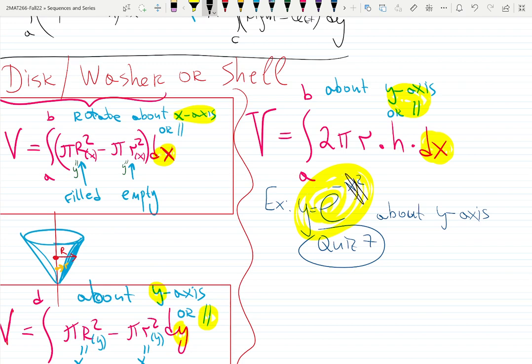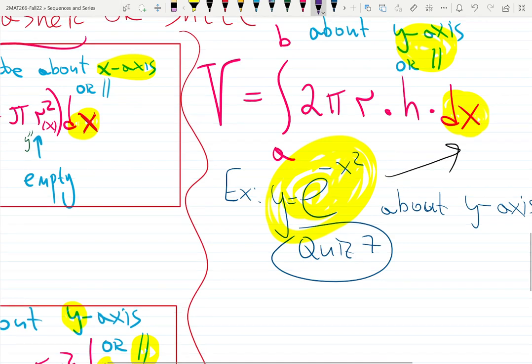So what you do in calculus 2 is choose the shell method, because then it becomes an integral of dx, and you don't have to solve for x. Make sense? Because r is a function of y, and h is a function of y, and h is top minus bottom, or right minus left. And r is usually just x, unless there is a shift.